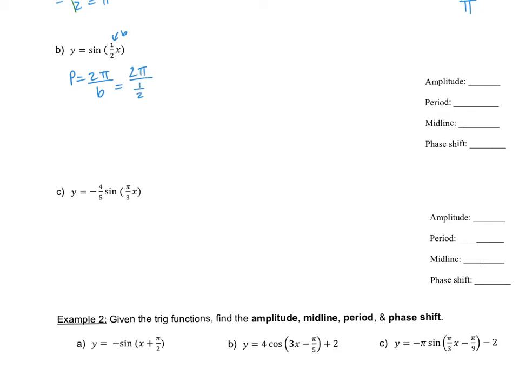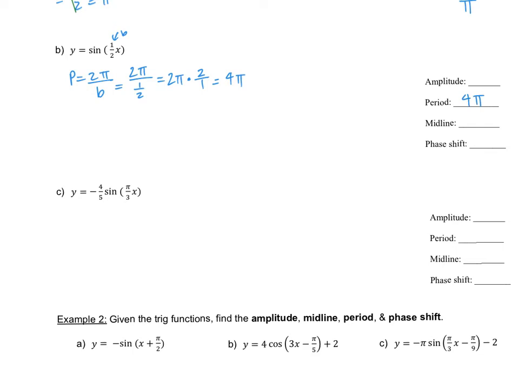So I have a fraction in the denominator, but we've dealt with this before. We're just going to take the denominator and flip it, so that'd be 2 over 1 if I were to flip 1/2. And so if I multiply straight across, I would get 2 times 2, which is 4, but bring the pi over. So 2 pi times 2 is 4 pi over 1, which is just 4 pi. So I have my period.